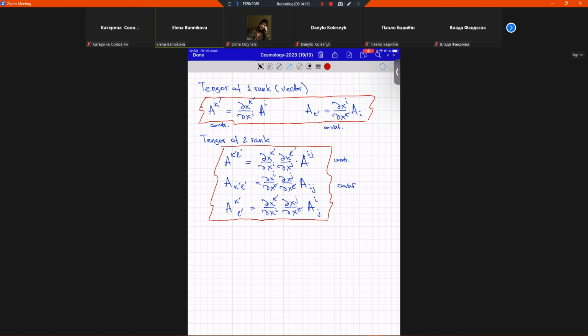In principle, we now can generalize what we wrote because it's understandable how we can write this transformation for any tensor of any rank. For the third rank, we need to multiply 3 times the x k prime by the xi and so on.